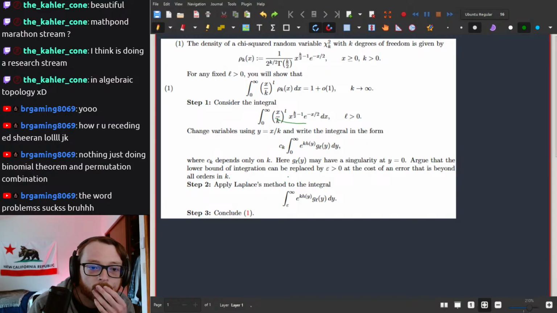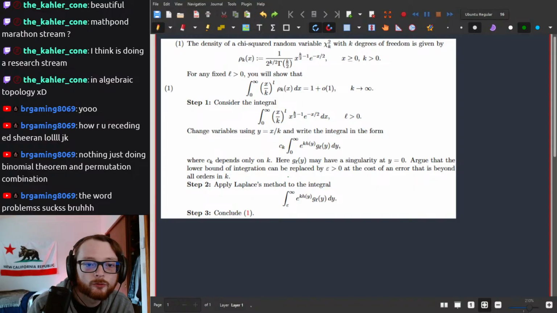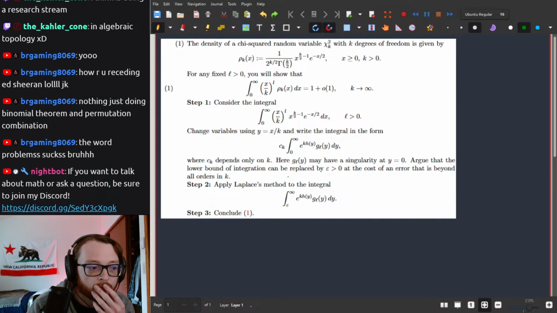We're considering this integral, which is rho without the constants. We are going to eventually send k to infinity, so I don't like forgetting about the constants completely, but we don't have to worry about that yet, maybe.